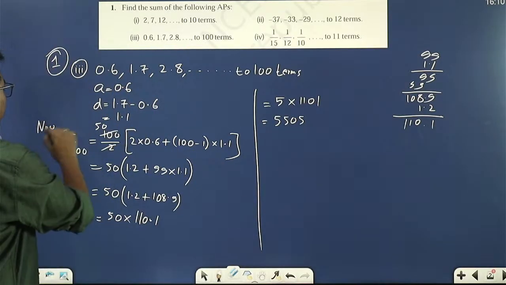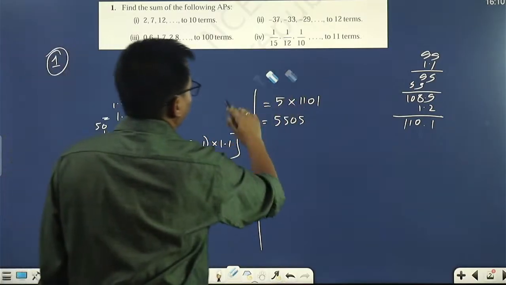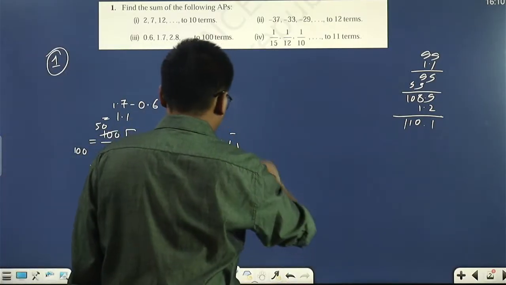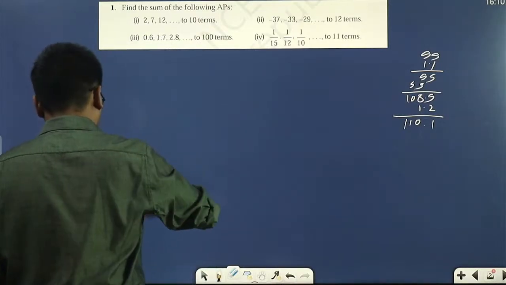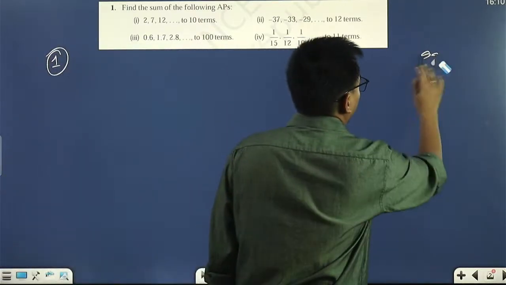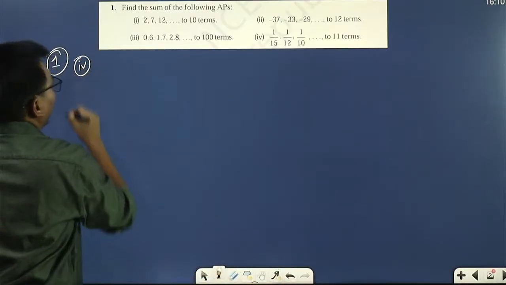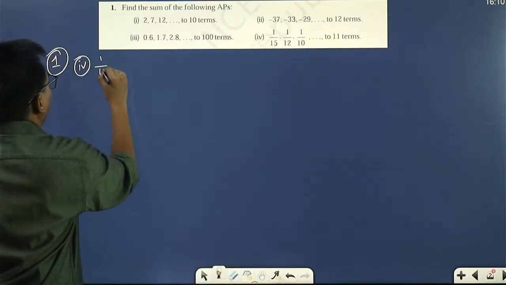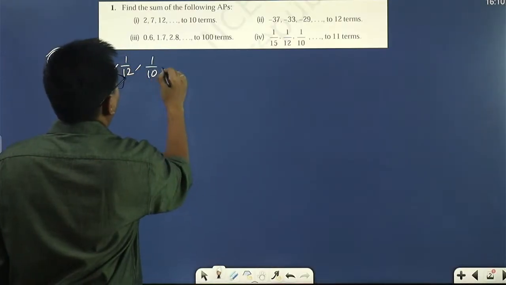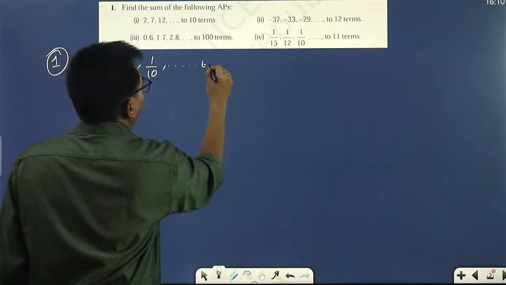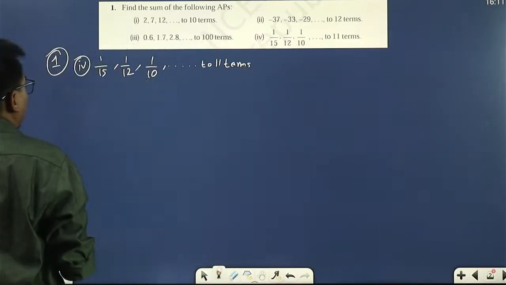Okay, let's solve question number 4 now. 1 by 15, 1 by 12, 1 by 10, up to how many terms? 11 terms.